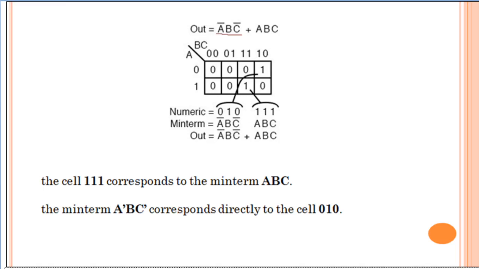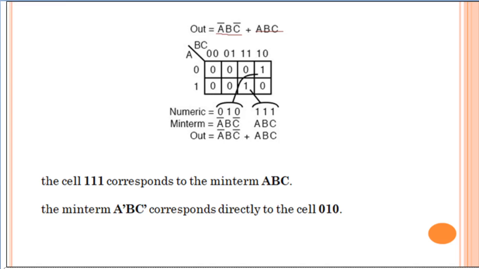Now the second term is a b c, where the variables are without complement, so this can be written as 1 1 1. 0 1 0 is nothing but 2.